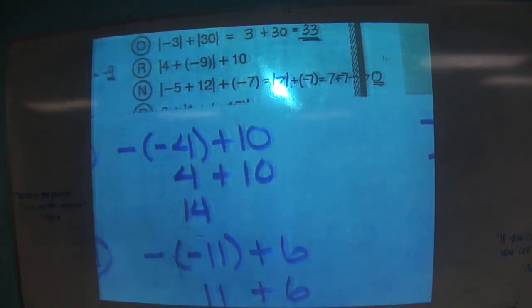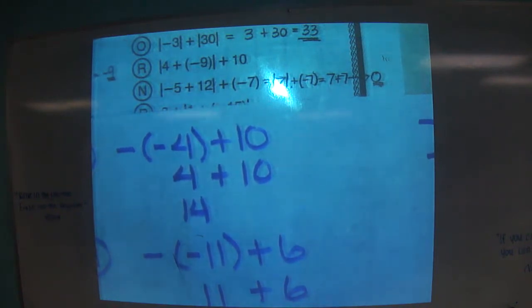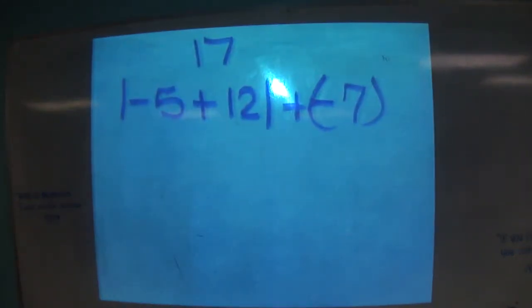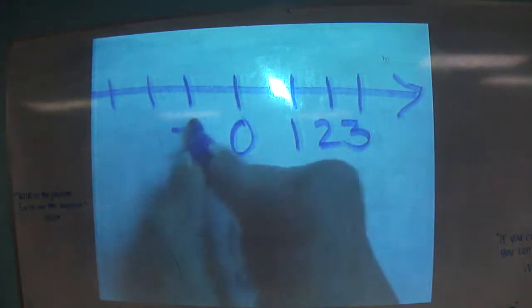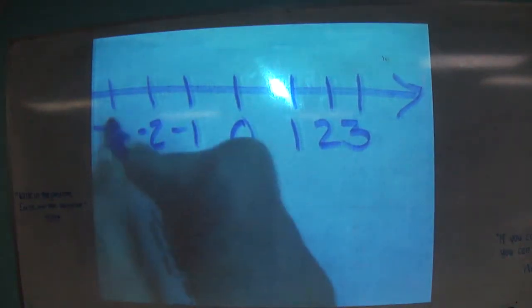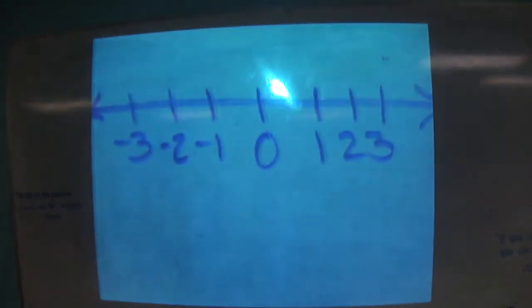N uses absolute value. What is absolute value? It shows how far a number is from 0. So let me draw a number line real quick. All right, so we've got a number line.